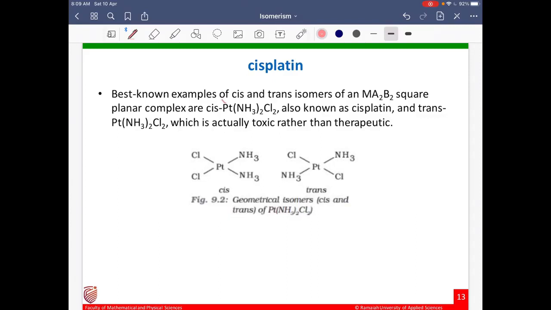So cisplatin is used in medical applications, whereas transplatin is toxic and it cannot be therapeutic. So structures are given here. Cisplatin and transplatin. In cisplatin, the identical groups are adjacent to each other. In transplatin, they are across from each other.